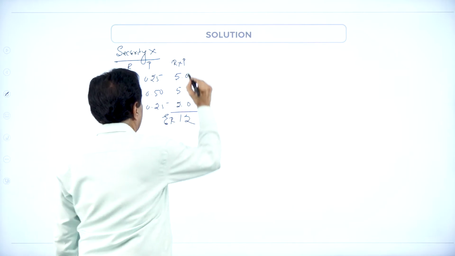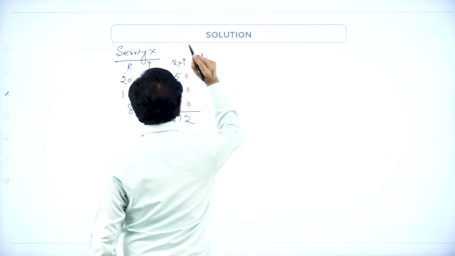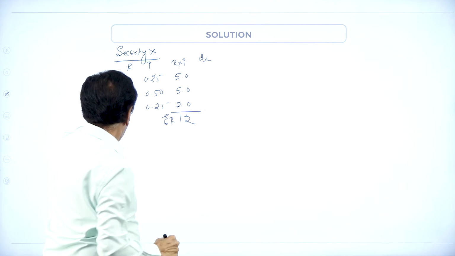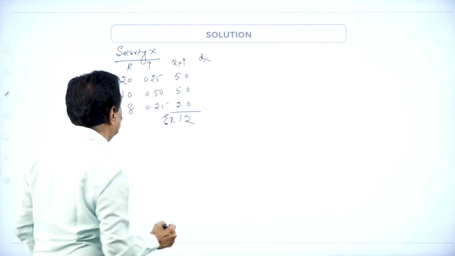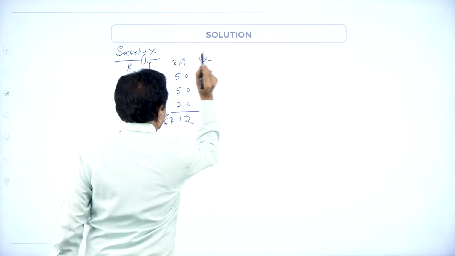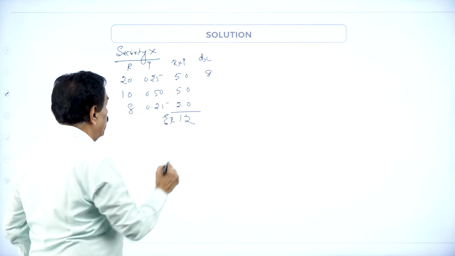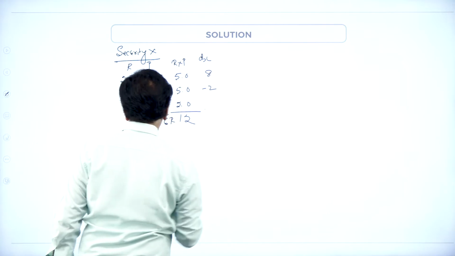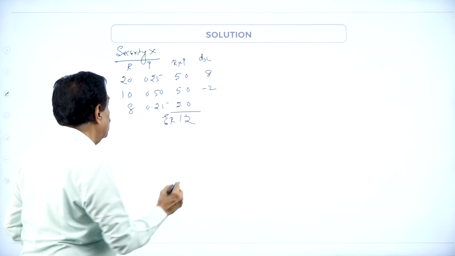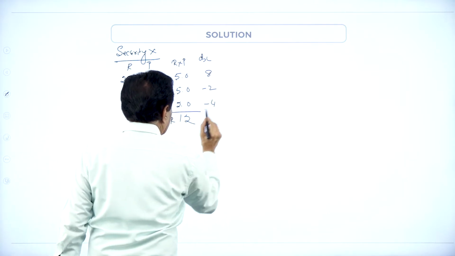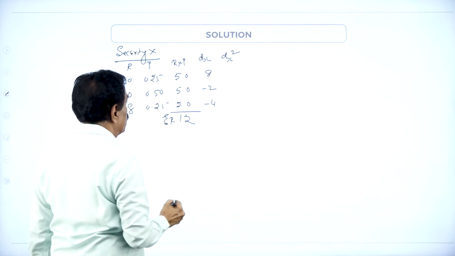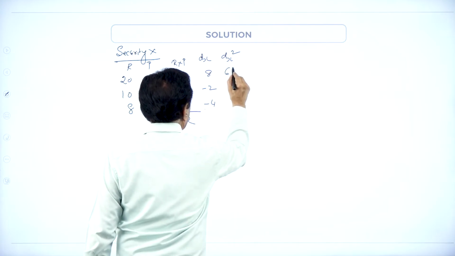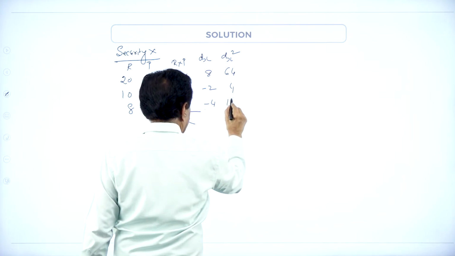Now take the deviation dx. The expected return is 12, so 20 minus 12 is 8, 10 minus 12 is minus 2, 8 minus 12 is minus 4. Square of these, dx square: 64, 4, 16.